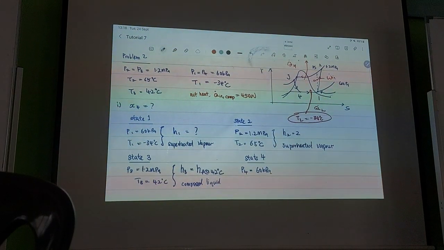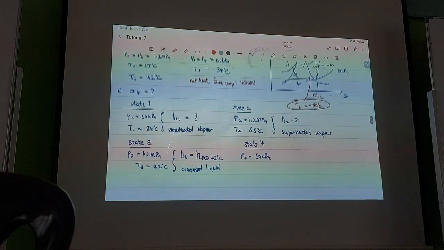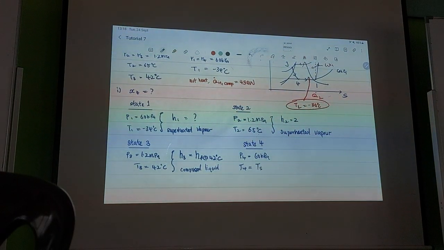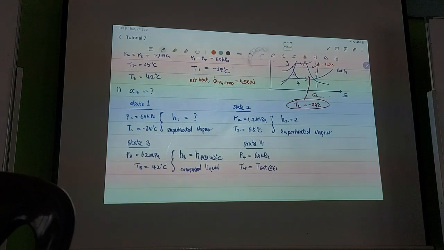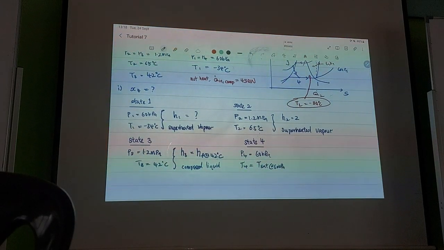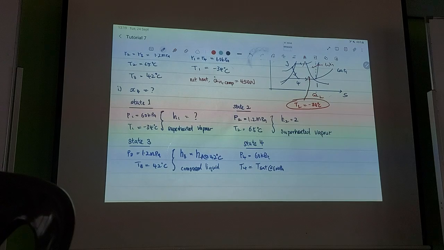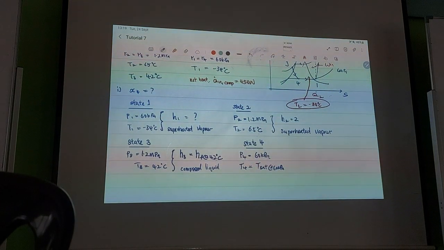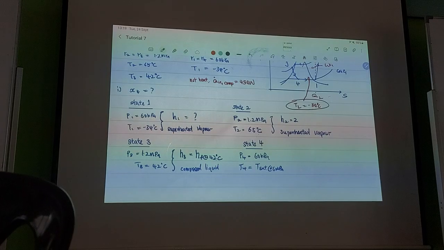The T for 4, because 4 is a mixture, let's say T4, is always T saturated at 60 kilopascal, or at P4. So this is not useful because they are both dependent values. Dependent values can't help you to do anything. You want independent values too. So you need one more thing.